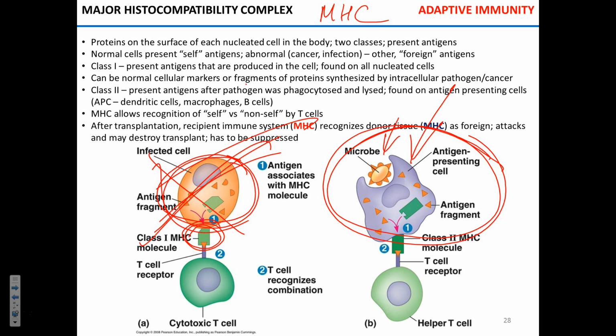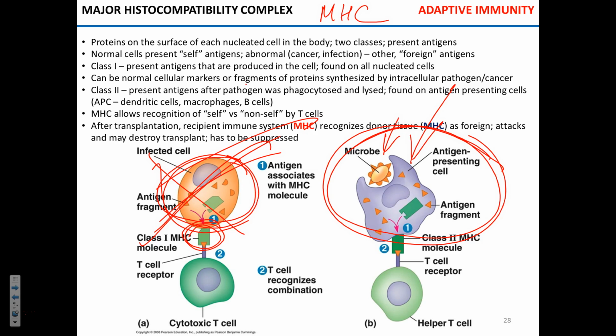So I present to you this antigen, and basically I tell the cytotoxic T cell, this is what you should look for in the body. If any nucleated cell in the body carries the same antigen on its surface, it's bad. Got it?